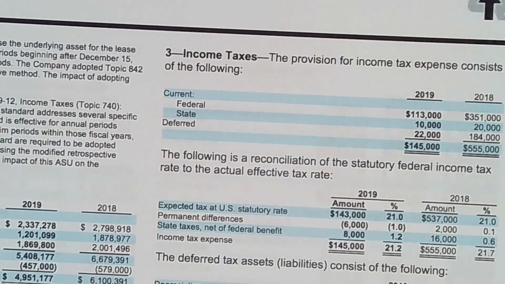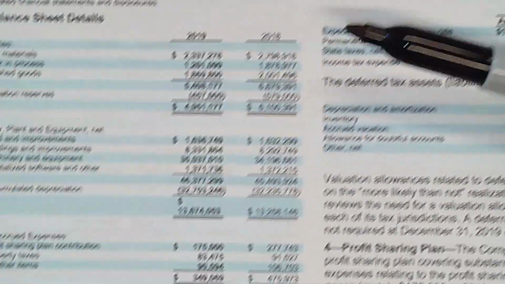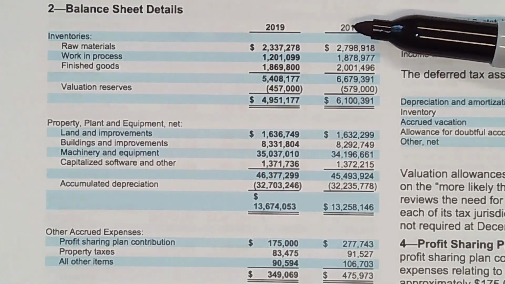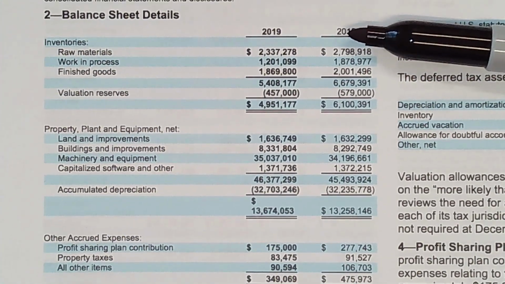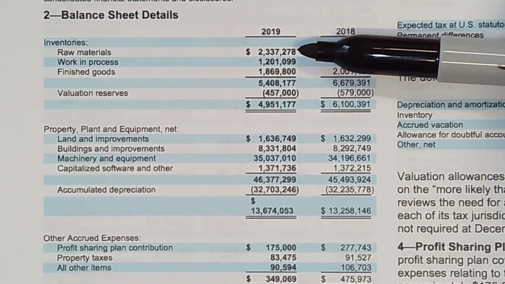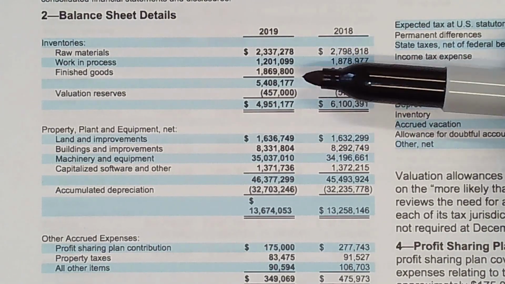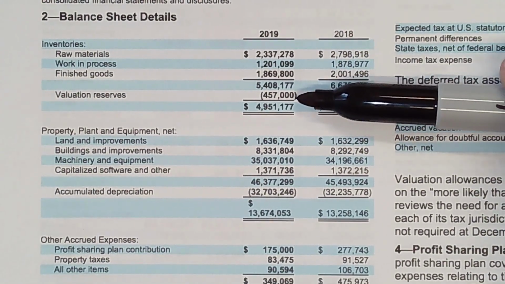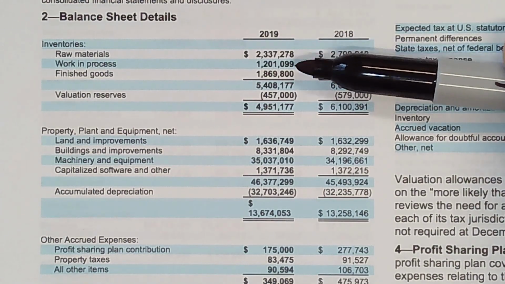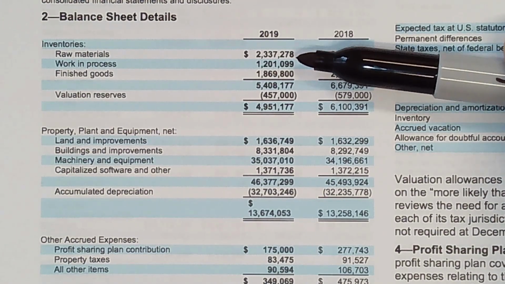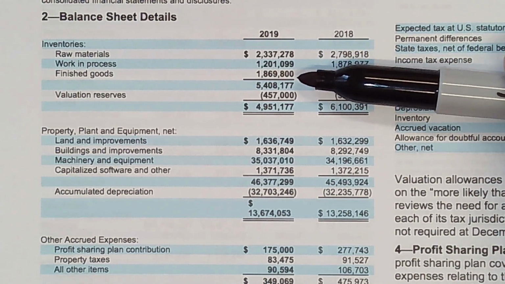Then we can move on to other footnotes, right? So we have more detail on inventories. Think about this. Inventories is $4.951 million, right? We have a valuation reserve of $457. That's for lower of cost or net realizable value. And we have 3 different groups of inventories: raw materials, work in process, and finished goods.